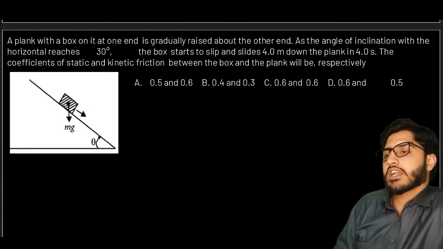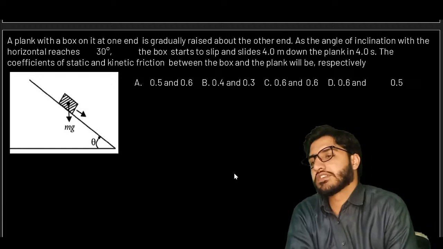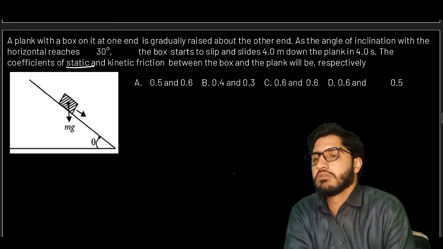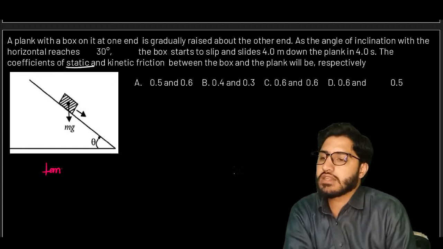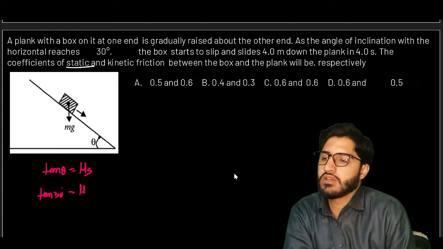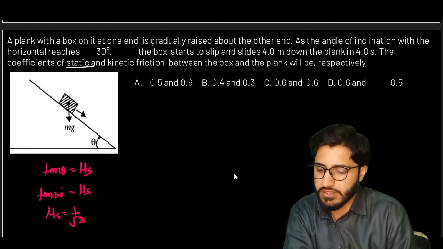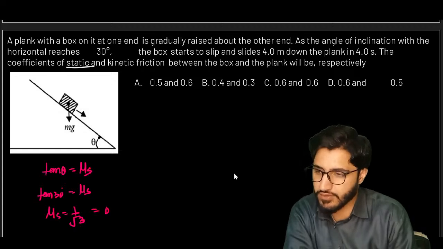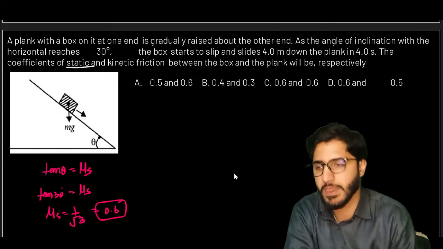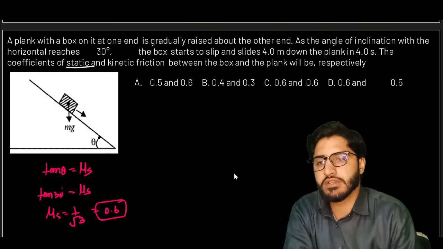The coefficient of static friction. So this is easy, no? We know that tan theta equals to nu s. So theta is 30 degree, nu s is 1 by root 3, that is 0.6. So this could be the answer.